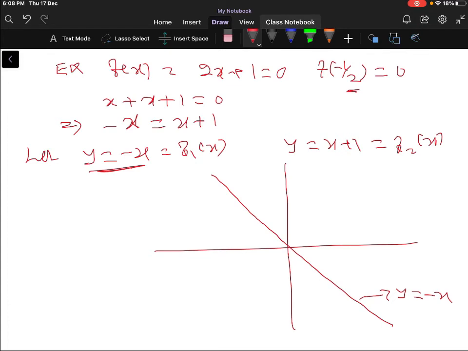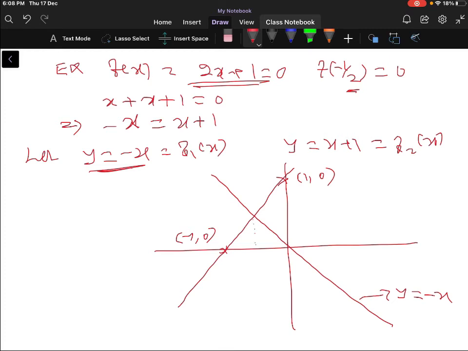For the second graph, y is equal to x plus 1, the intercept when x is equal to 0 is the point 0 comma 1. When y is equal to 0, x is equal to minus 1, so this is the point minus 1 comma 0. The intersection of the two curves y is equal to minus x and y is equal to x plus 1 is the root of the equation 2x plus 1 is equal to 0.